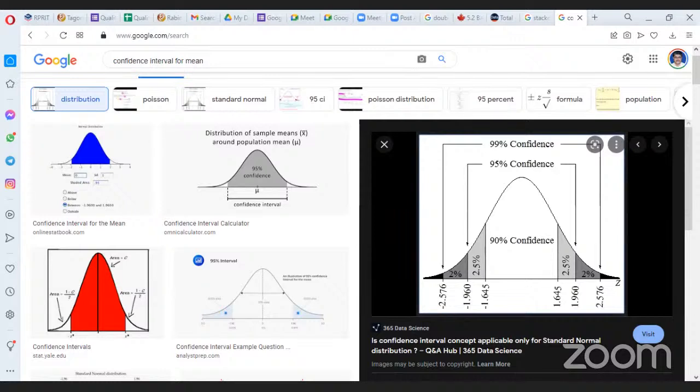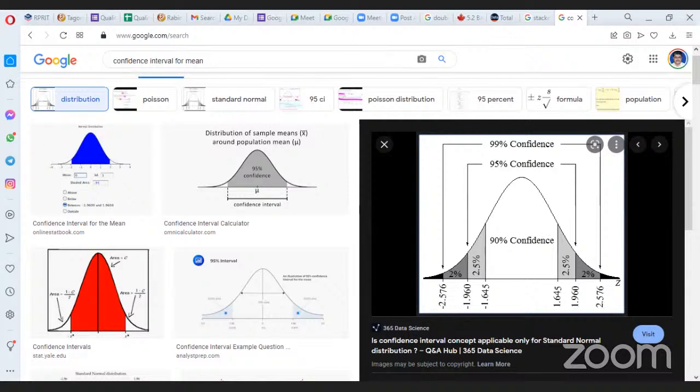And then you have the score, and from the score you find the plus minus deviation, the multiplication of Z value and the standard error of mean.